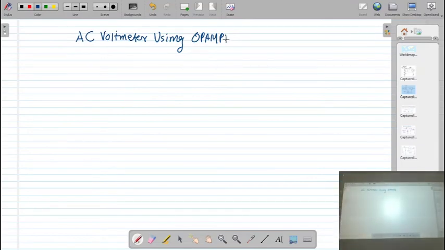I already mentioned that whenever you want to measure the AC voltage, the AC signal has to be converted into a DC. So whatever the voltmeter circuit we have, there will always be one rectifier circuit. So if we see a simple circuit for this, then you can have a diode at the input.